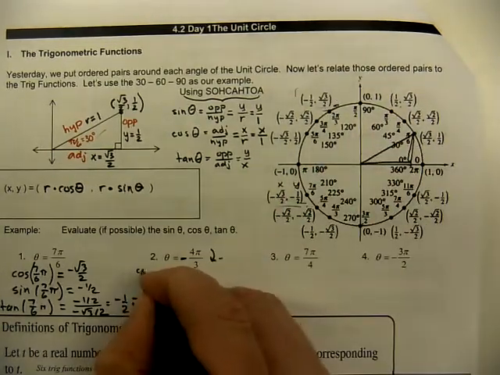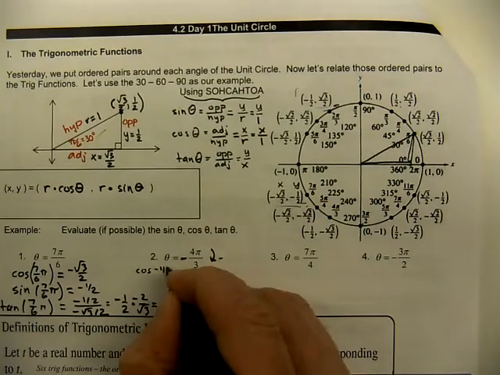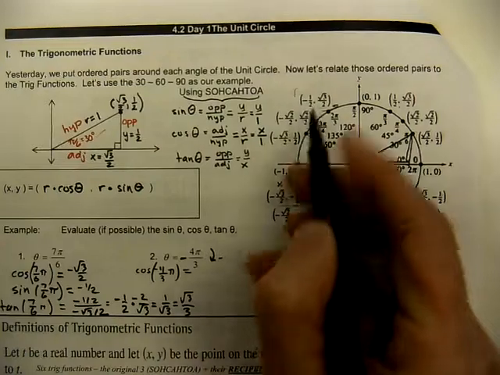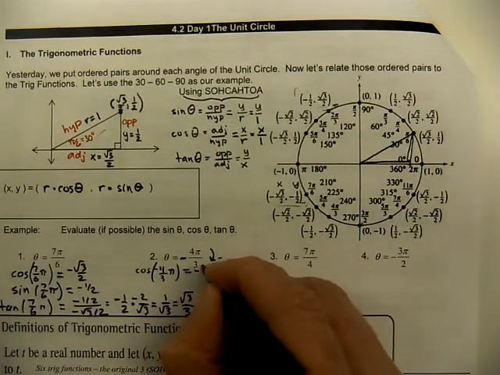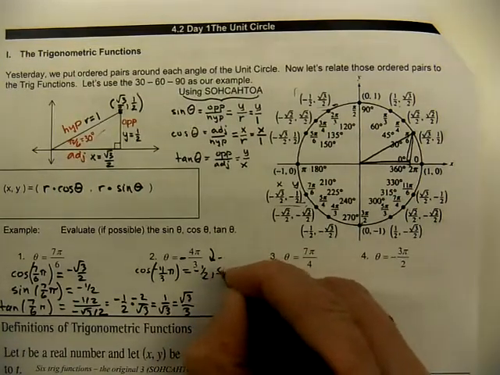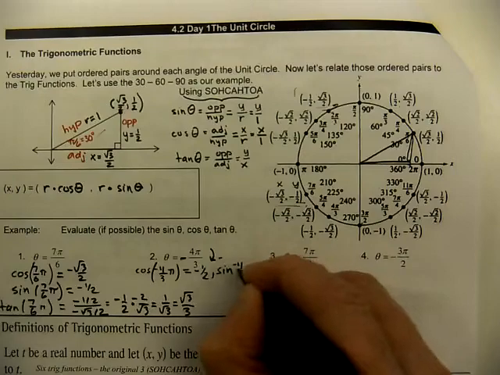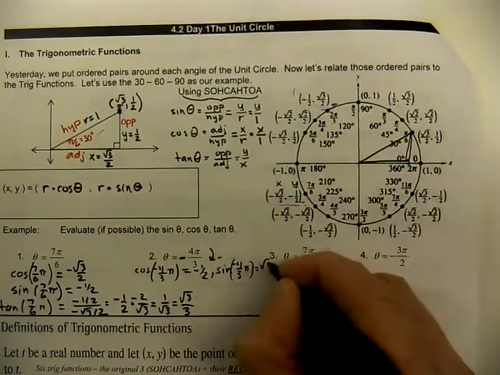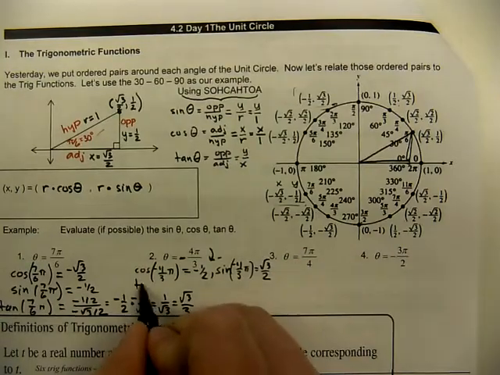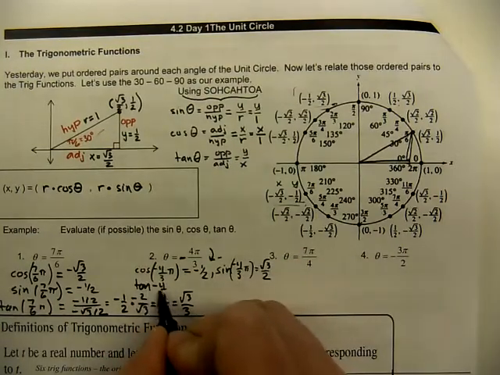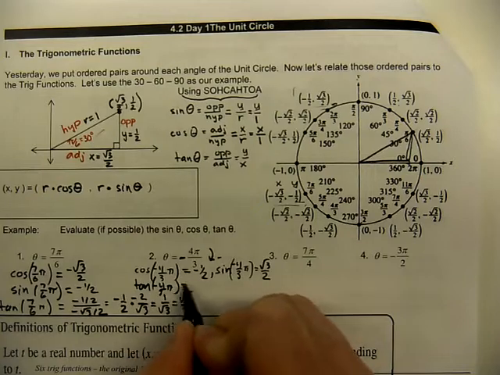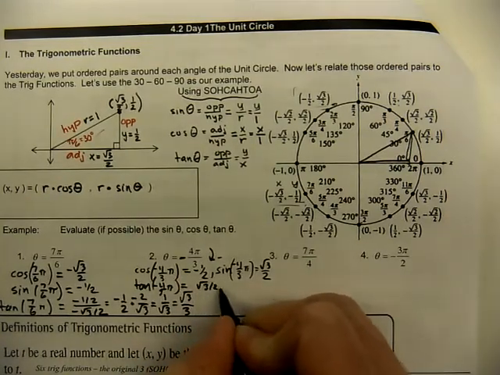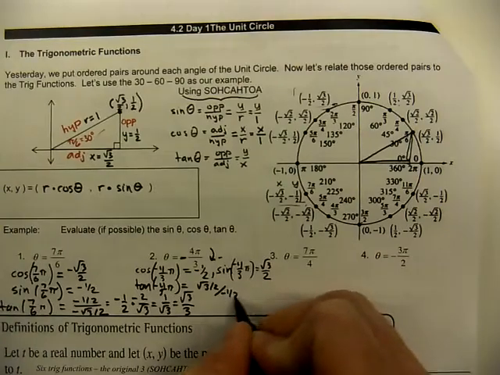So my cosine of negative 4/3 pi is the x-coordinate, which is negative 1/2. My sine of negative 4/3 pi is the y-coordinate, root 3 over 2. And then the tangent of negative 4/3 pi, that's going to be the y over the x. So we have root 3 over 2 divided by negative 1/2.